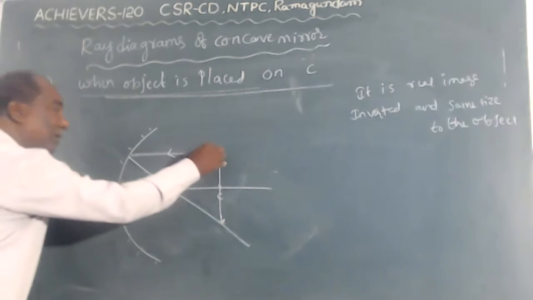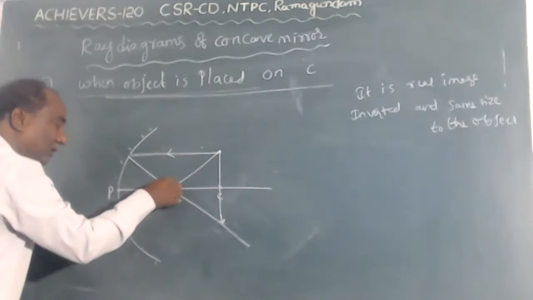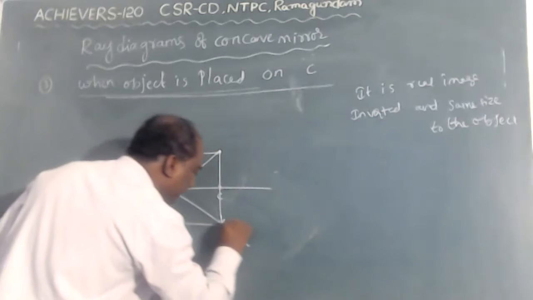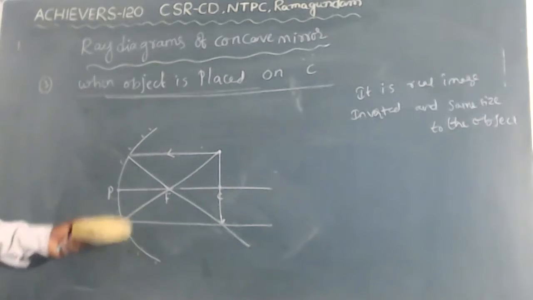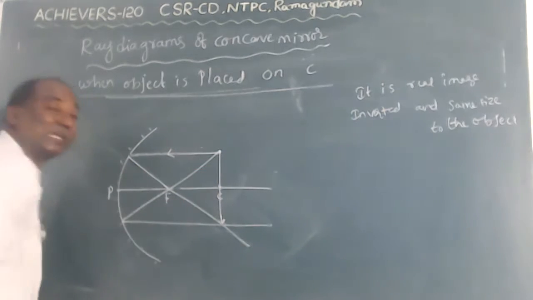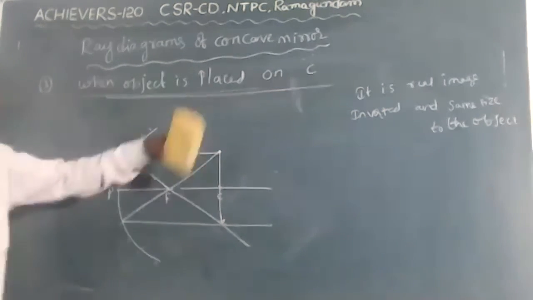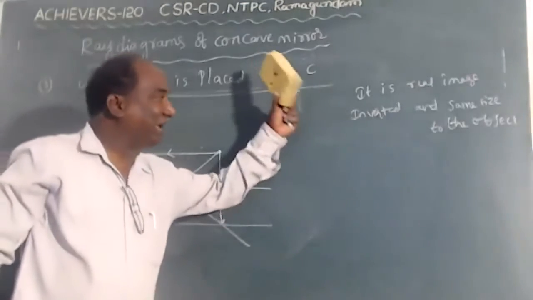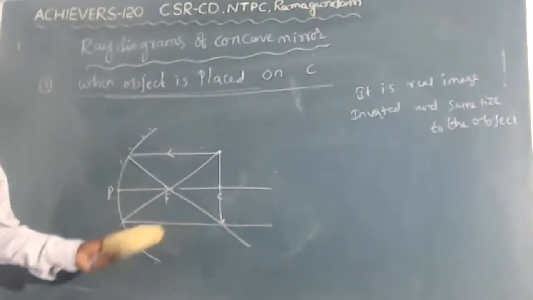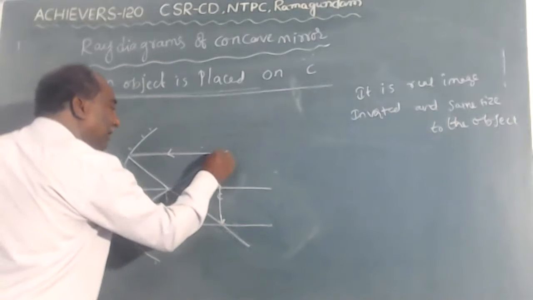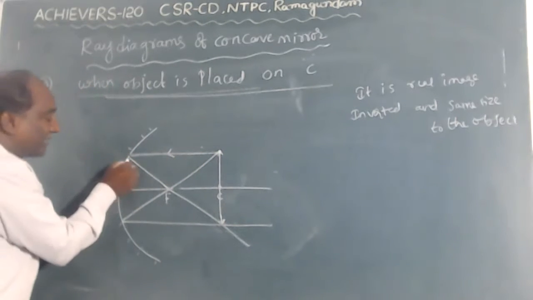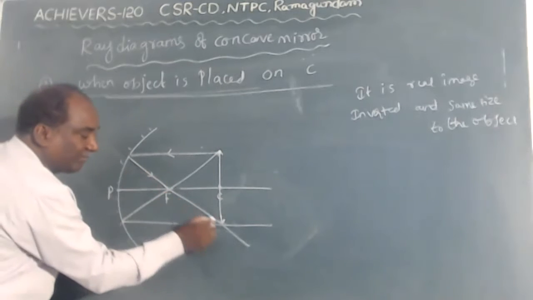And one more ray comes from the object and strikes the curved surface. So how is it easy to draw the diagram? The image size should be equal to the size of the object. So first we should know the characteristics of the image, then according to that we can draw the diagram very easily, children. So here is the object. Now the parallel ray comes from the object, strikes the curved surface, then the reflected ray passes through the focus.